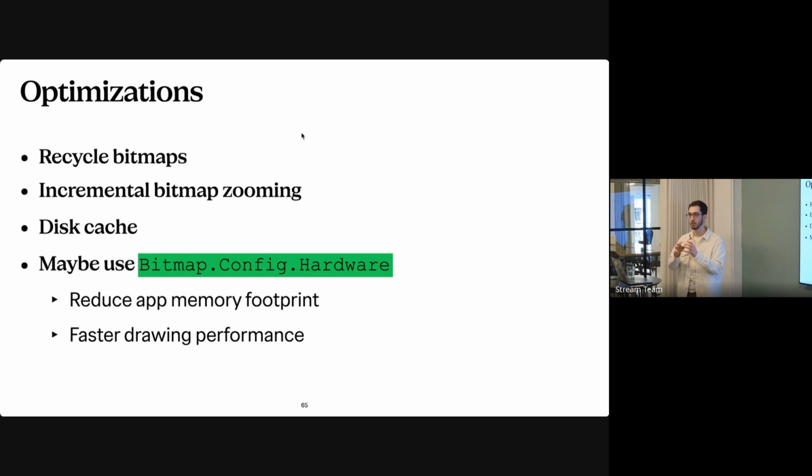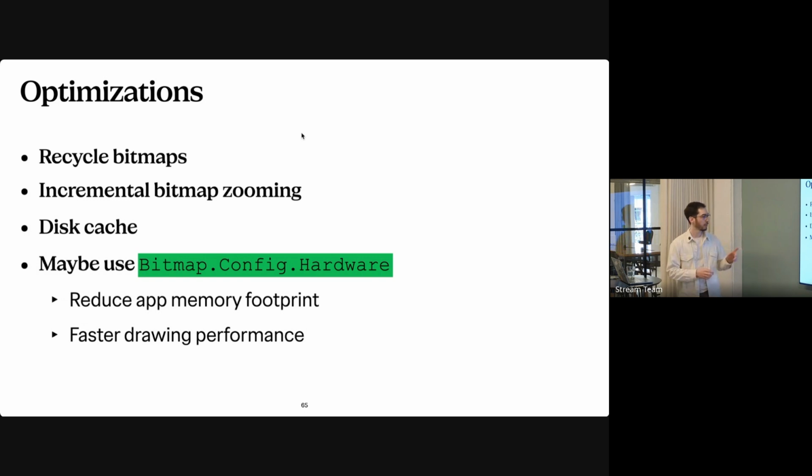It just puts the image to begin with in the GPU memory, so you don't have to actually copy it. That reduces the time it takes to draw, because it's already there in the memory next to the GPU. And it reduces the app memory footprint, because now the image doesn't live in your own app space. It lives in the GPU space, right? That's basically what it does.